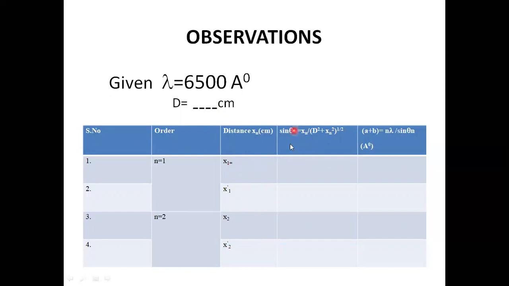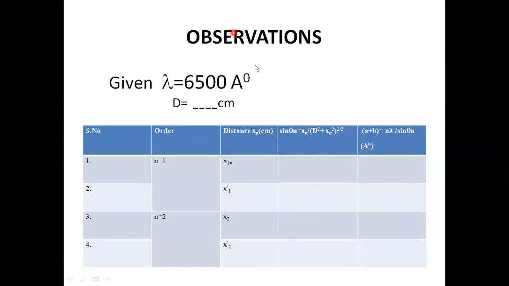From x1 you can calculate sine theta 1. Similarly sine theta 1 dash, sine theta 2 and sine theta 2 dash. When you put sine theta here, you can calculate a plus b. Here n is 1, lambda is 6500 Armstrong, and sine theta 1 you will calculate from here. So you will get the value of a plus b in Armstrong. So a plus b is the grating element.